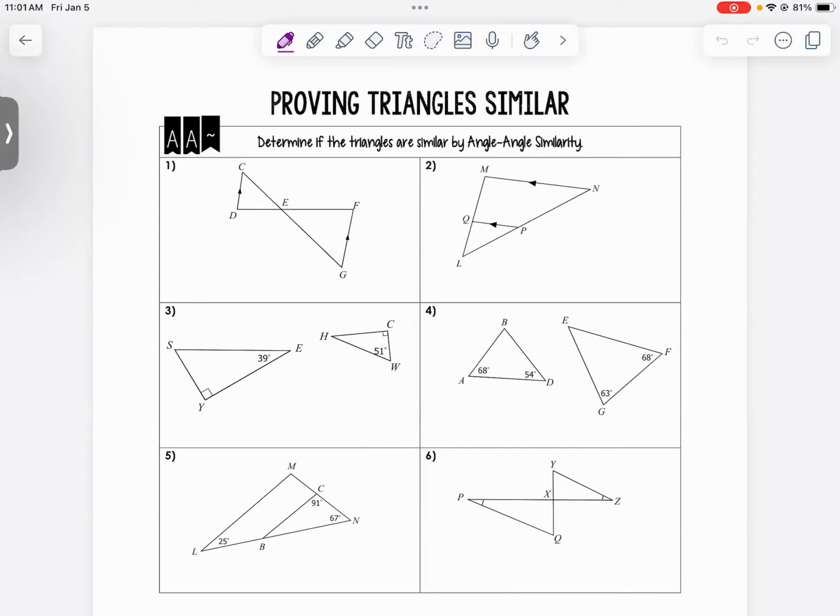I'm going to have you guys look first. I am going to give you a handful of minutes, at your tables, to talk about these 6 problems and tell me what you think about whether they are similar or not. The only option would be angle, angle. That's the only one we know. Okay. So I want you to look at these 6 and tell me what you think. Ready, set, go.